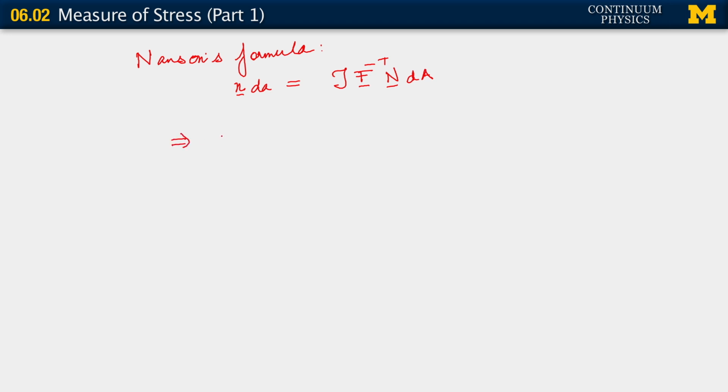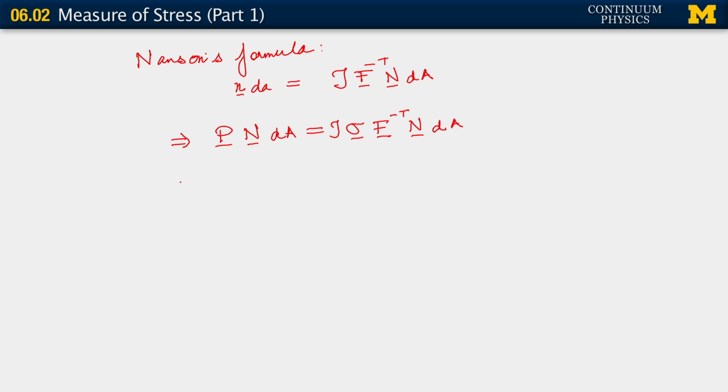What that implies then is that P n dA equals sigma, J is a scalar, so I can pull it out here, sigma F inverse transpose n dA.